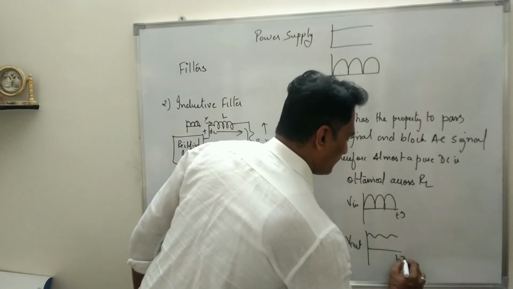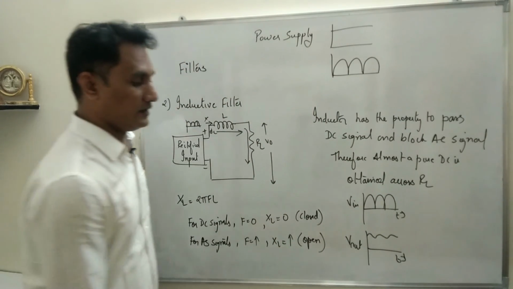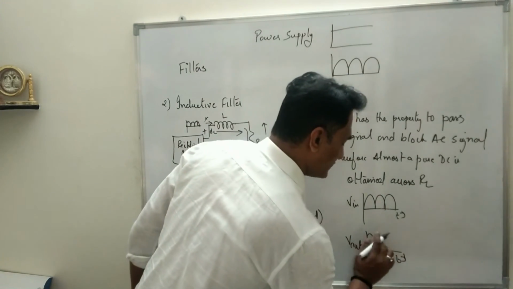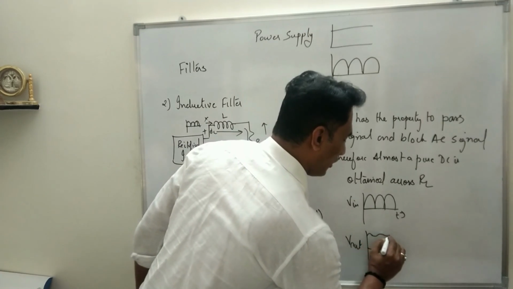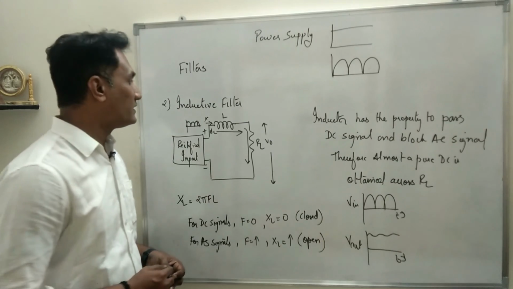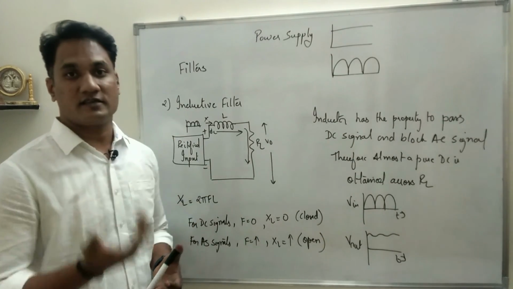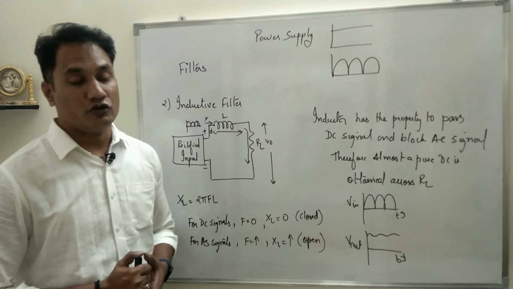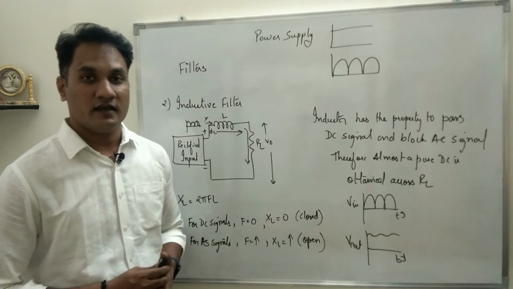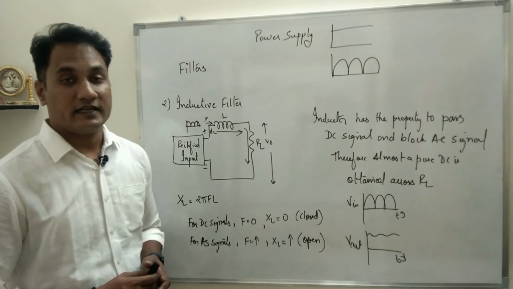We have almost removed the AC component, and the output across the load resistance is almost a straight line. That is the objective of filters, to bypass the AC component and to produce almost a pure DC across the load resistance. So this is your inductive filter.